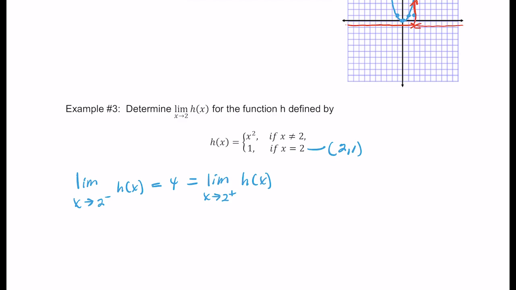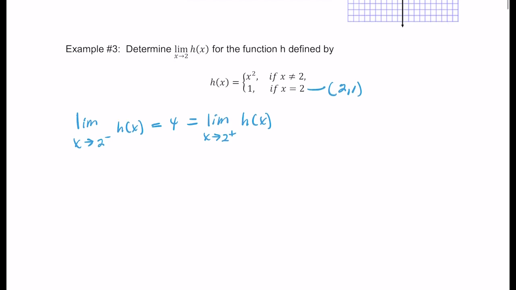So since h of x approaches 4 as x gets closer to 2 from both sides, that tells me that the limit as x approaches 2 of h of x is equal to the limit as x approaches 2 of x squared, which is equal to 4.